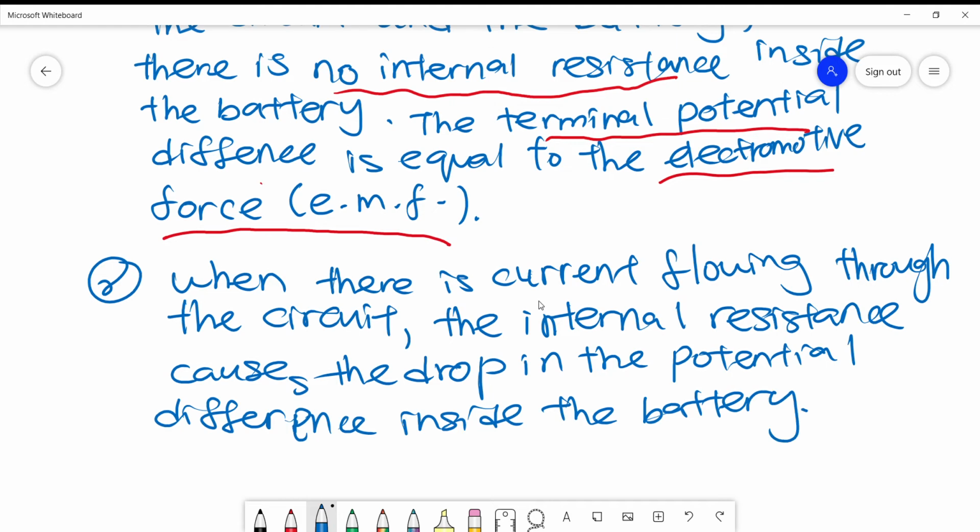So basically, when there is current flowing through the circuit, the internal resistance will be produced, which causes the drop in potential difference inside the circuit.